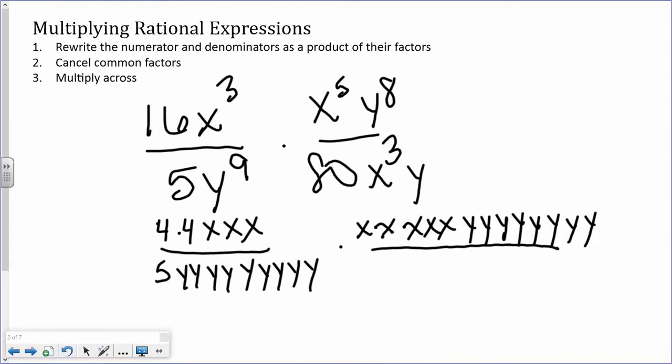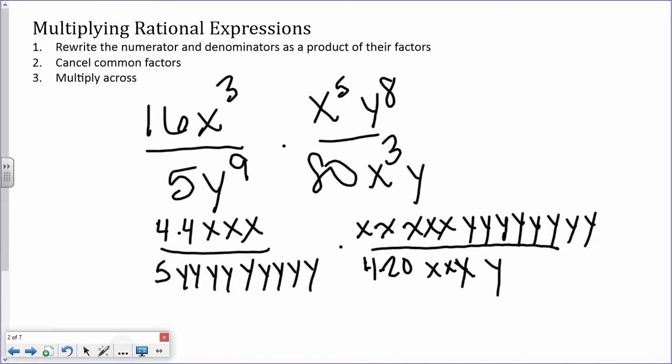I have 4 times 4 times x times x times x. So it's a good idea to maybe write the 80 as a product of 4 and something else, and maybe that will help me cancel. So 80 would be 4 times 20. And then I have x to the third, x to the third, and just a y.